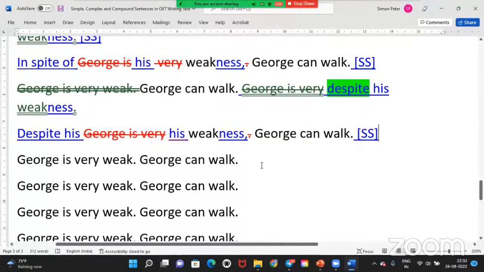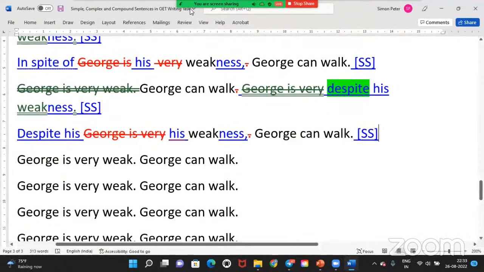That's it. So now here, "despite" in the middle, no comma. So this full stop should be removed. So this is also a simple sentence with "despite" in the middle, and this is a simple sentence with "despite" in the beginning.